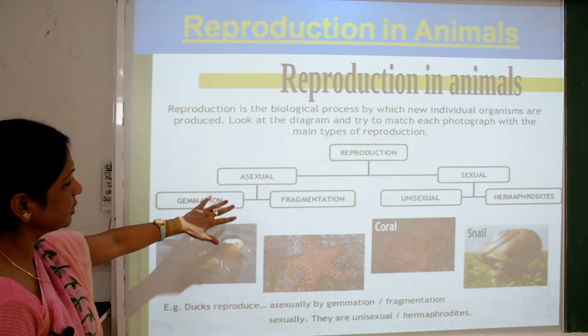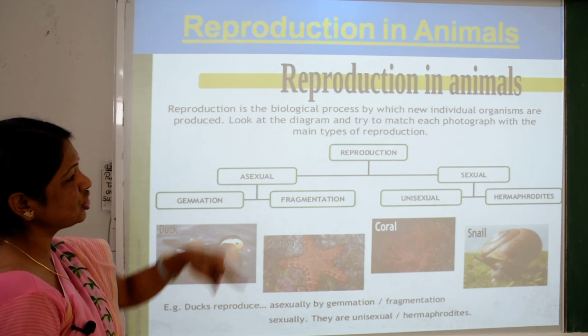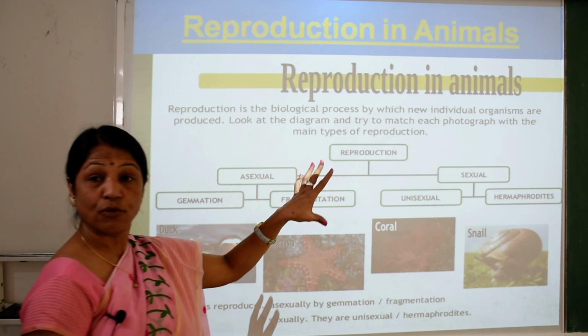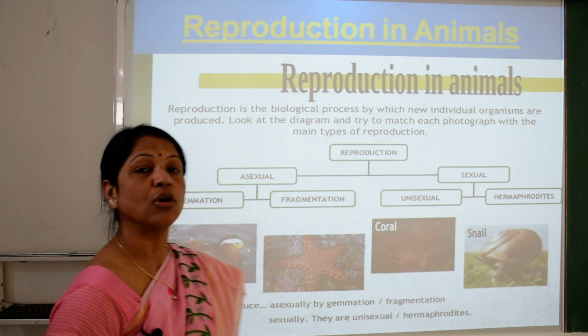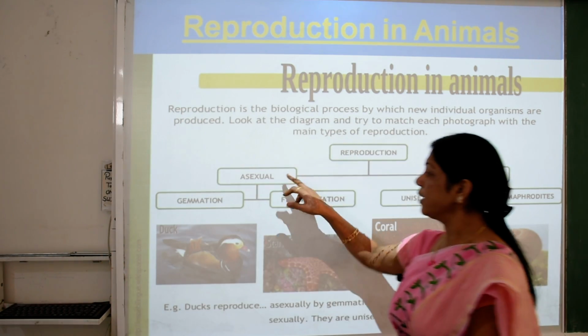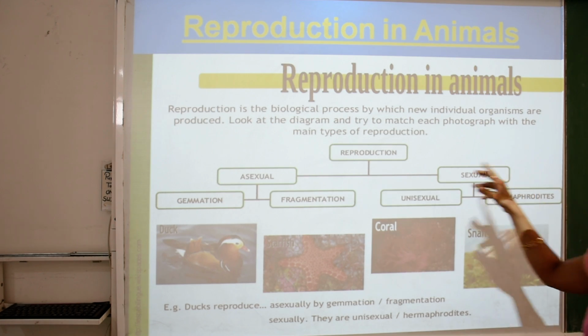And look at this diagram. It is mentioned: try to match each photograph with the main types of reproduction. Here we talk about reproduction, asexual and sexual.